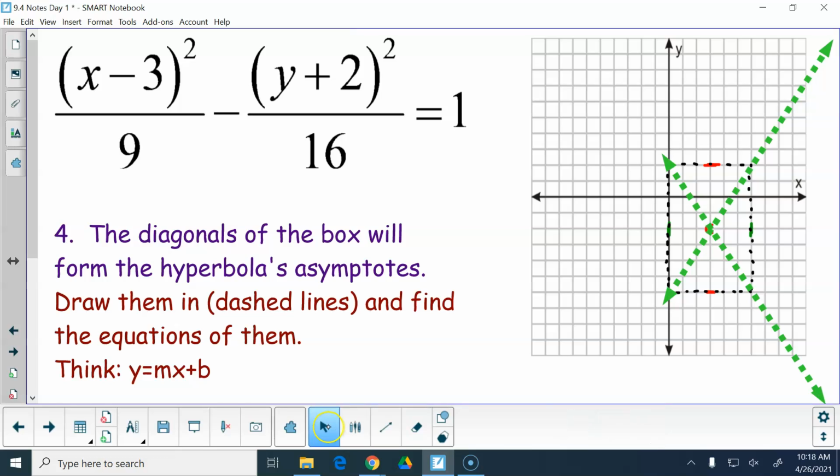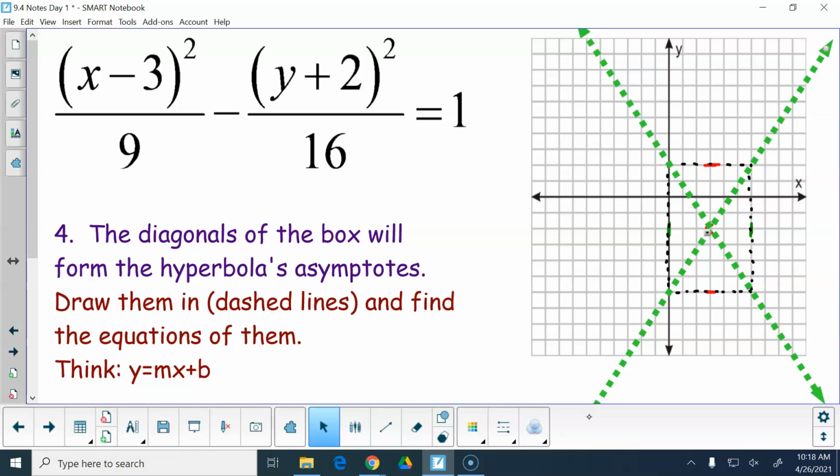Now for you, you can again use something straight, okay? Ruler, edge of the paper, do the fold over trick, whatever you want. Okay? Definitely want to do something straight there, and dash those in.